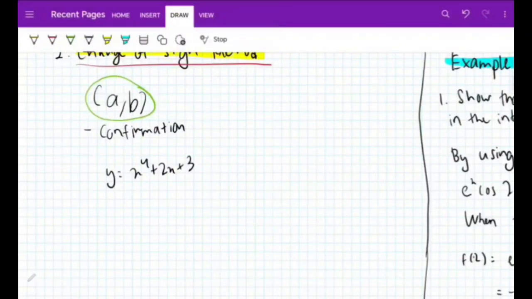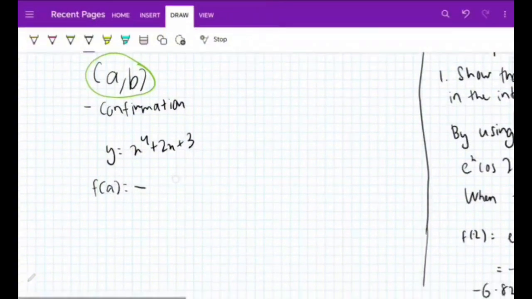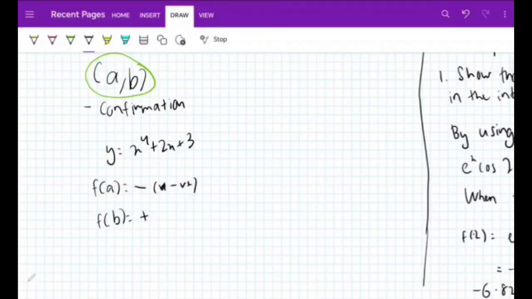So what we do is we substitute value a and value b into x. Let's just say for f(a), we substitute and we get a negative value. Next we substitute f(b) and get a positive value. Here will be negative, here will be positive.